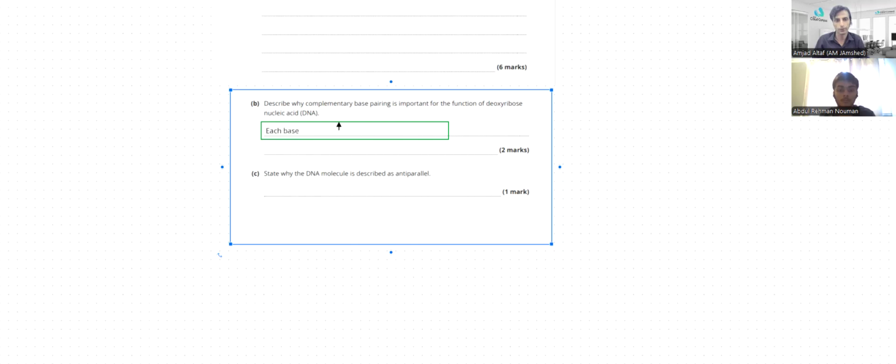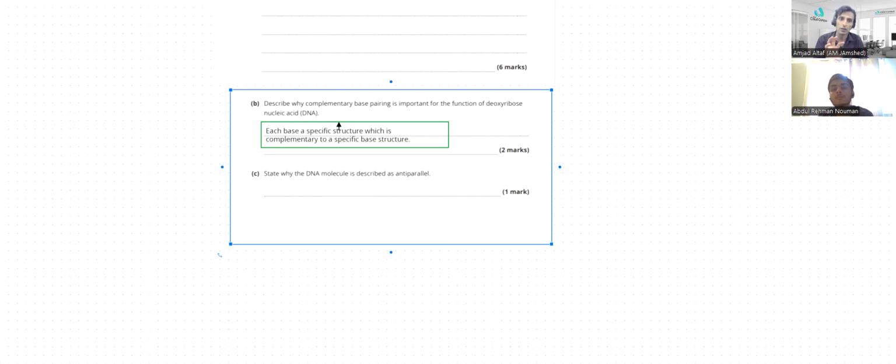Each base has a specific structure which is complementary to a specific base structure.